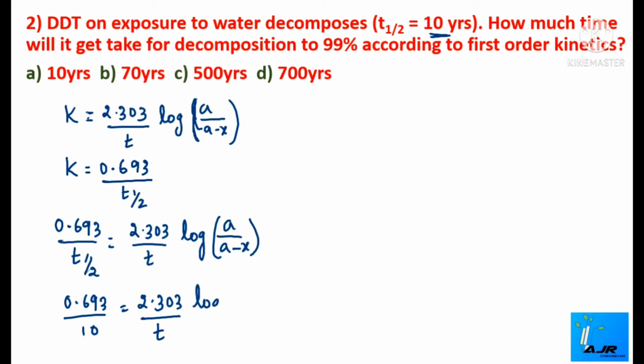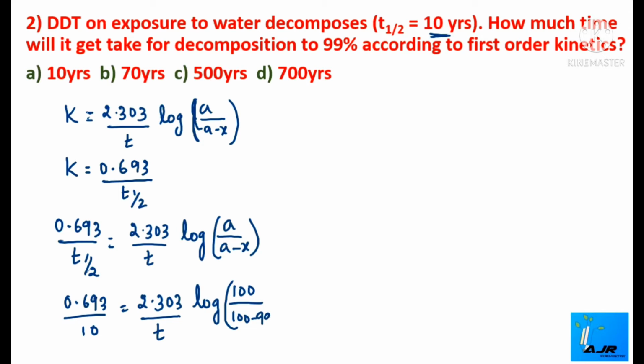So log, what could be the initial concentration? Actually in the problem it's given 99% completed, is it not? Since it is given in percentage, let us consider the initial concentration as 100. So initial concentration is 100 divided by 100 minus 99.